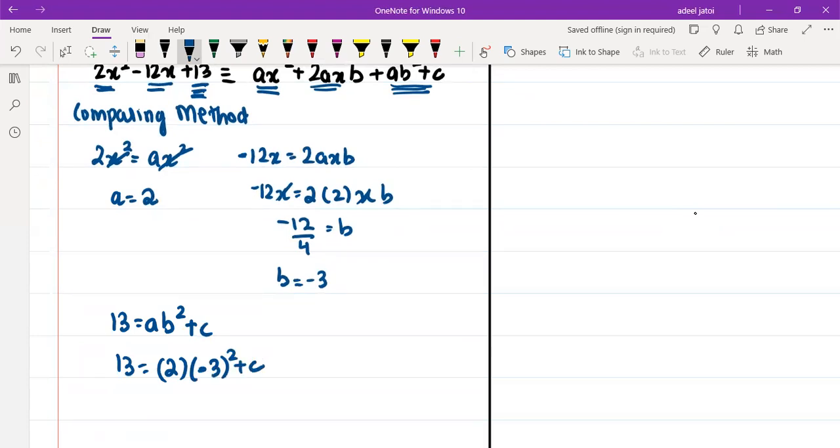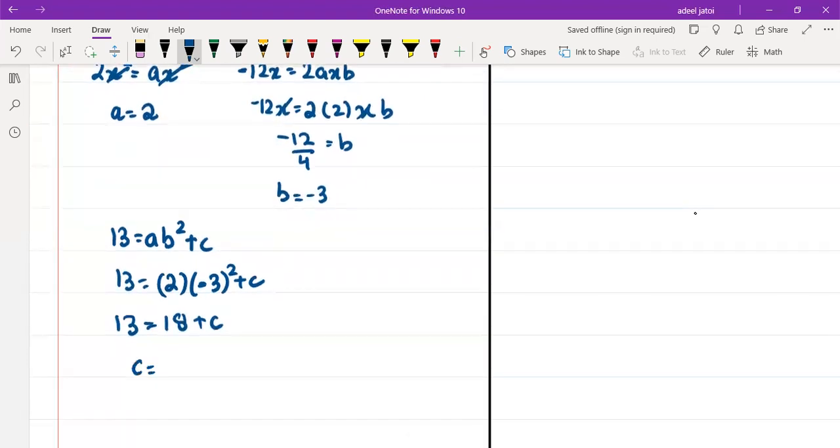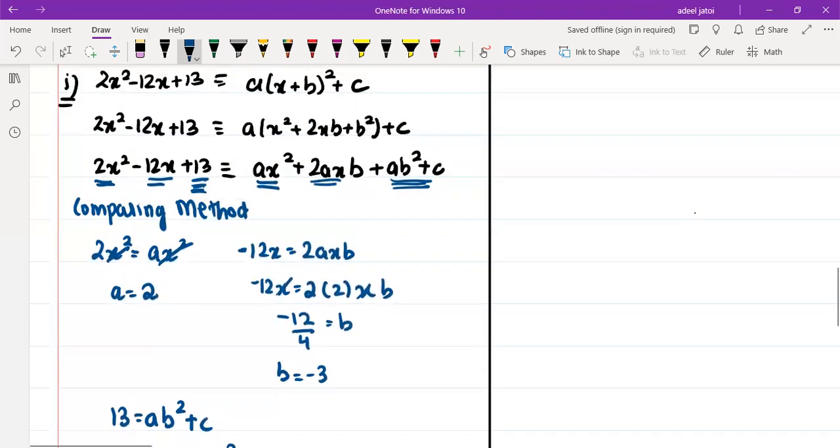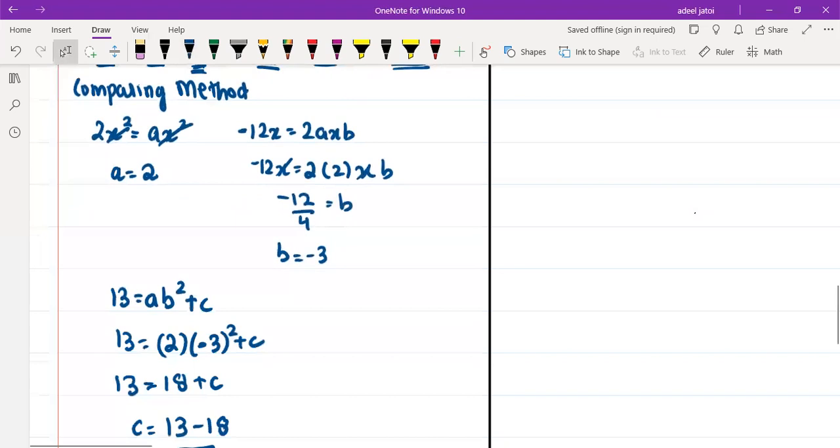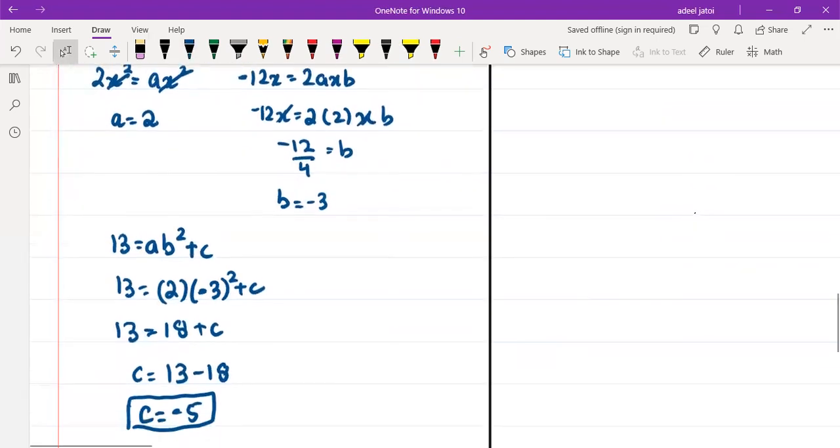And we can write down this thing as what? 2 times minus 3 square, minus 3 square is 9, 9 times 2 is 18 plus c. 18 goes on the other side. 13 minus 18. So c value becomes minus 5. These are the values of a, b, and c.